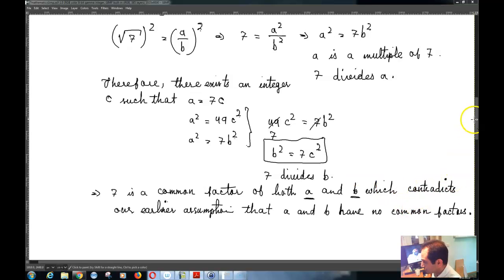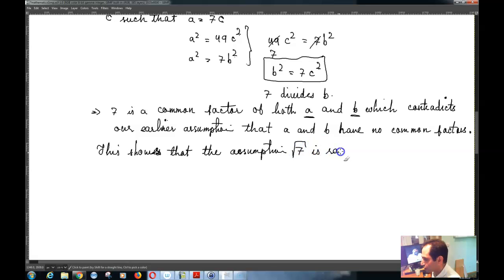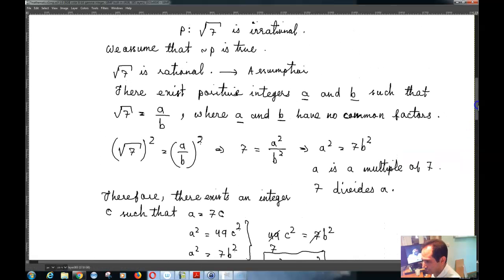Now this basically shows that the assumption that the square root of 7 is rational, that's the assumption that I made over here.